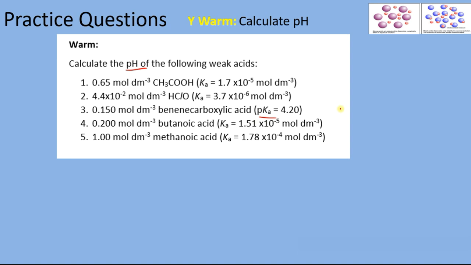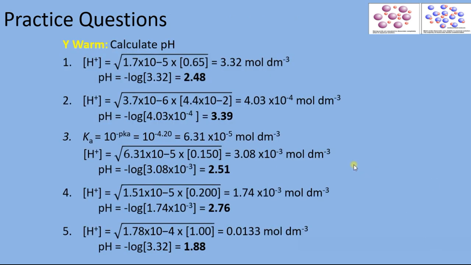So if pKa is given, Ka would be 10 to the power minus 4.2, right? Pause, do these questions, and then check your answers. Again, you have to pause because this keeps moving.